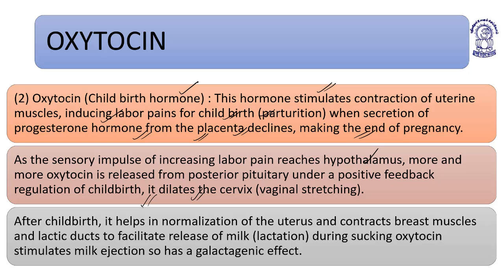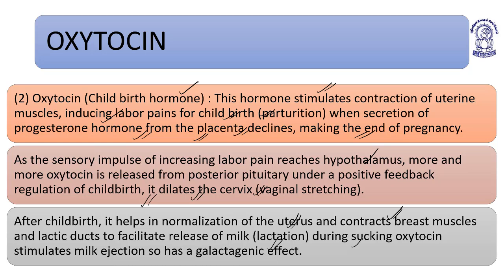It dilates the cervix. After childbirth, it helps in normalization of the uterus and contracts the breast muscles and lactic ducts to facilitate release of milk. That is why it is also known as the milk ejecting hormone.